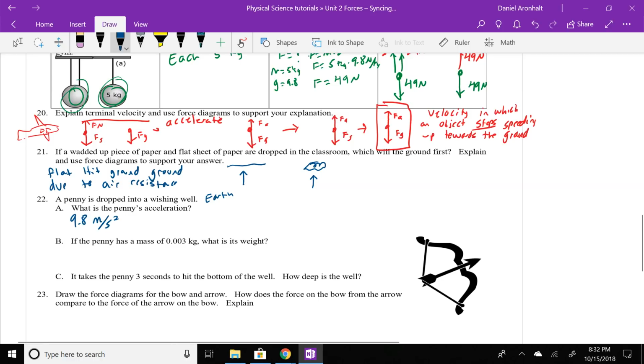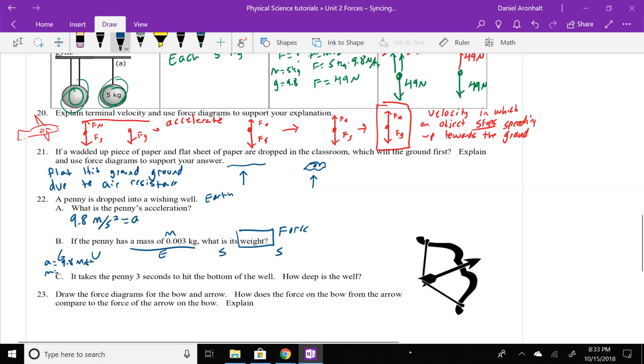So if a penny has a mass, by the way, this is going to equal A, right? So if the penny has a mass of 0.003 kilograms, what is the weight? And what's another word for weight? Force. So it wants force. And let's use the GUESS method. G, U, E, S, and S. From the previous problem, you're given A equals 9.8 meters per second squared.